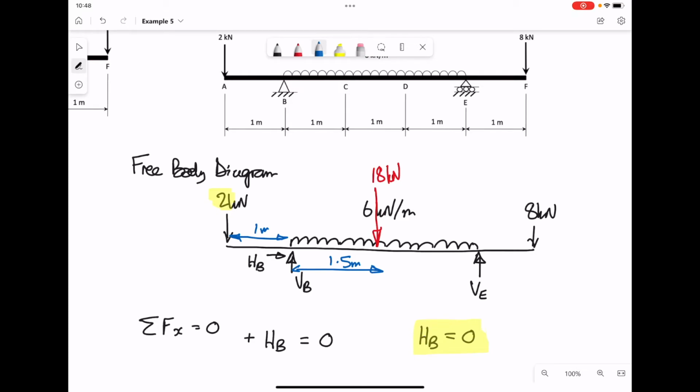Next one we're going to look at will be the reaction VE. The distance from B to VE is a distance of 3 meters. So the moment produced will be VE times 3. And finally, then the 8 kilonewtons on the end. The distance from point B to the 8 kilonewtons is a distance of 4 meters.